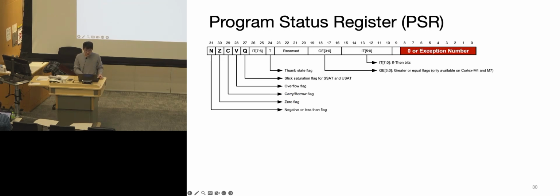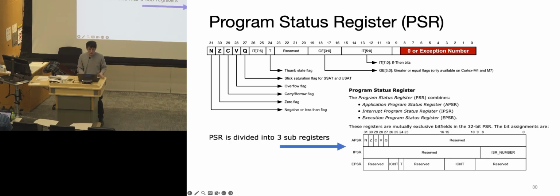Okay, so the program status register is one of the special registers, not part of R0 to R15. This is one of the special registers that holds which interrupt is being fired. It's essentially broken into 3 sub-registers, although if you look closely, they still only take up 32 bits.